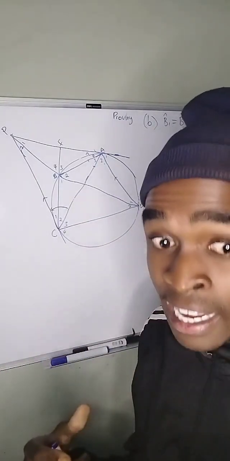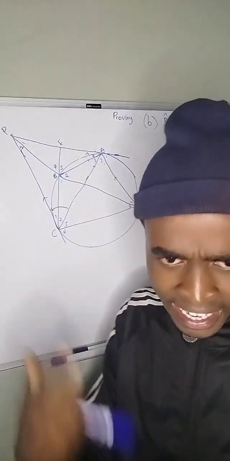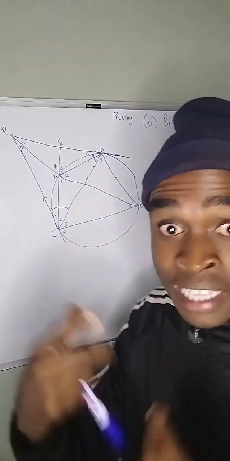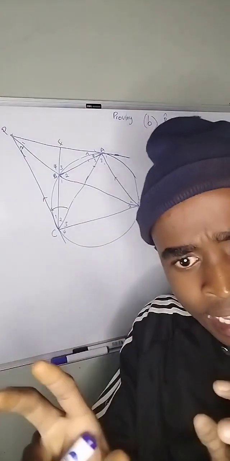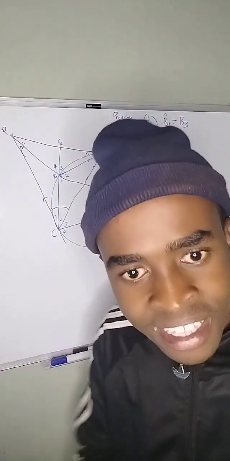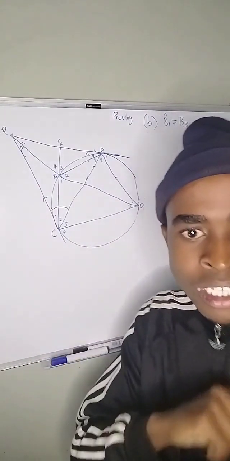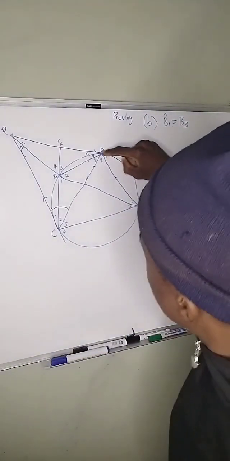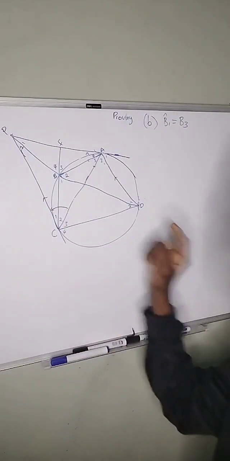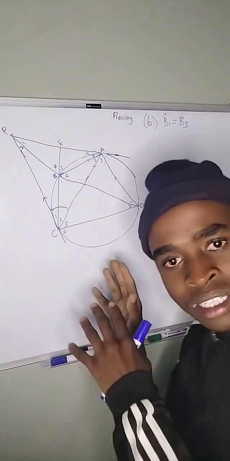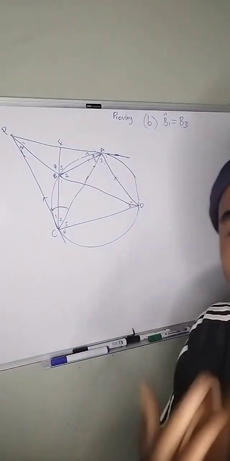Because all the points lie on the circumference. These are the things that we have to check, guys. A is on the circumference, B is on the circumference, C is on the circumference, and D is on the circumference. So that's why we are saying ABCD is a cyclic quad.